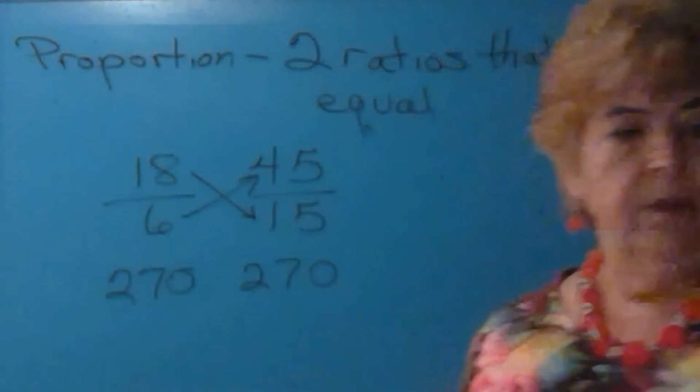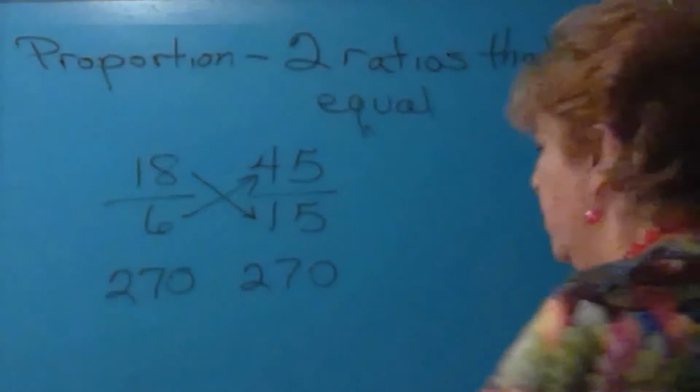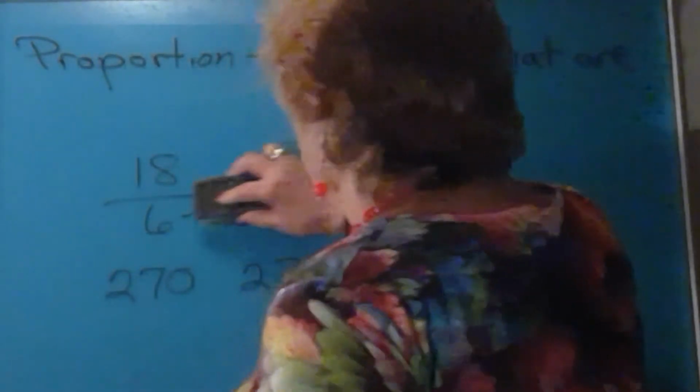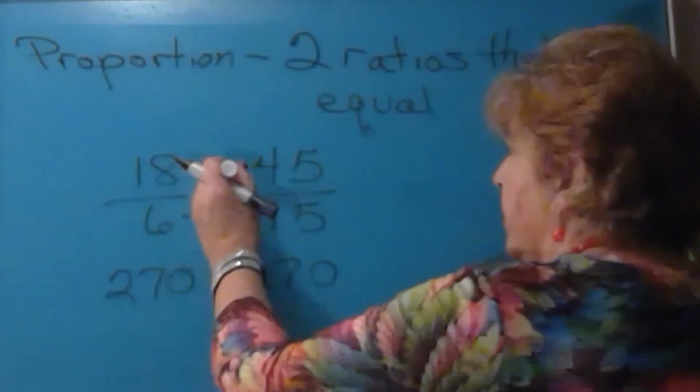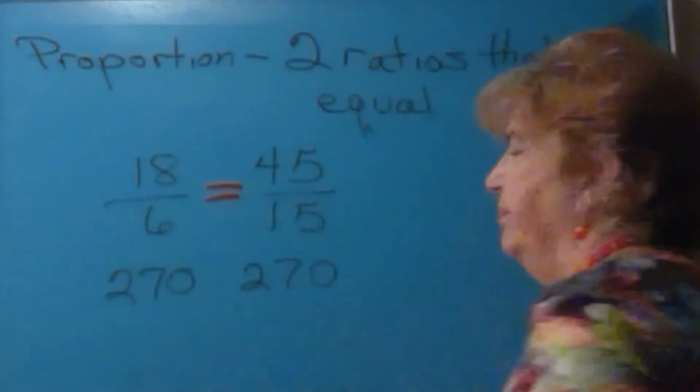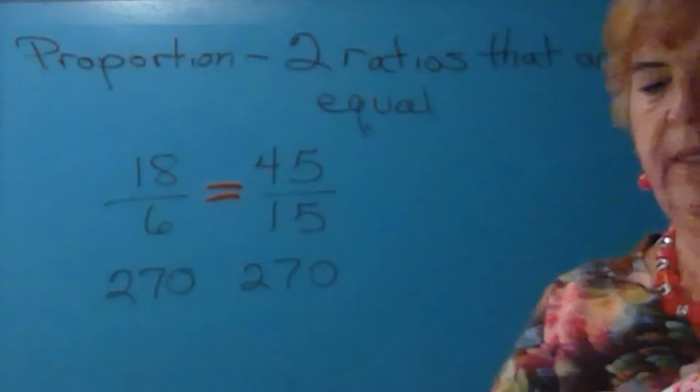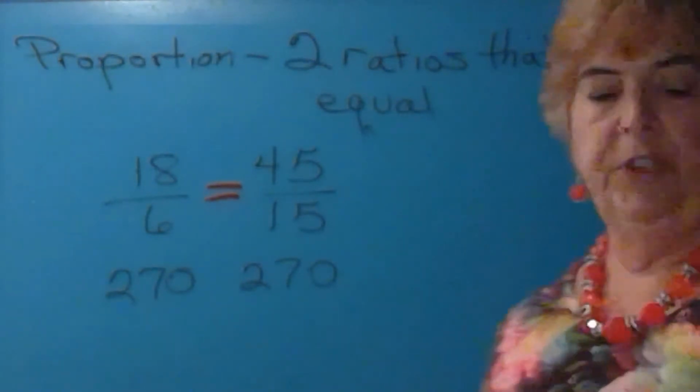And because the cross products are equal, you can then replace the arrows that I had there with an equal sign. So that is a true proportion.